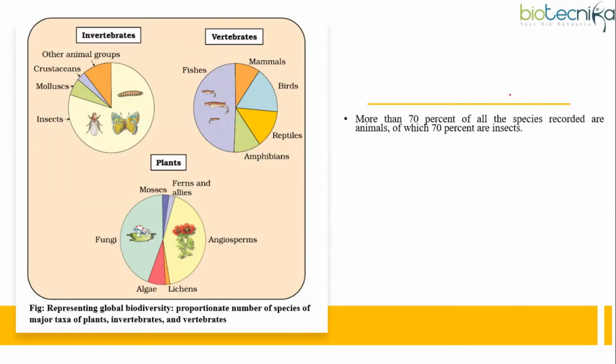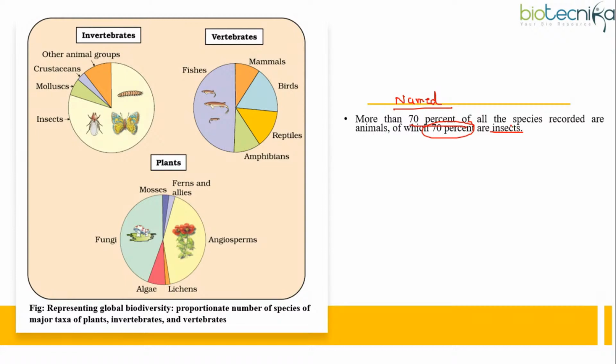Of the named species, more than 70% are animals. Here I'm specifically talking about the species whose nomenclature has already been done. We have already named the species. So among known species, more than 70% are animals, and of these, 70% are insects.